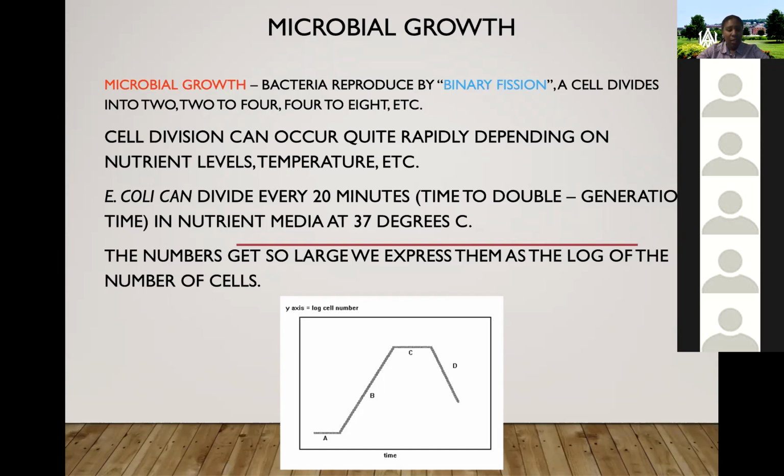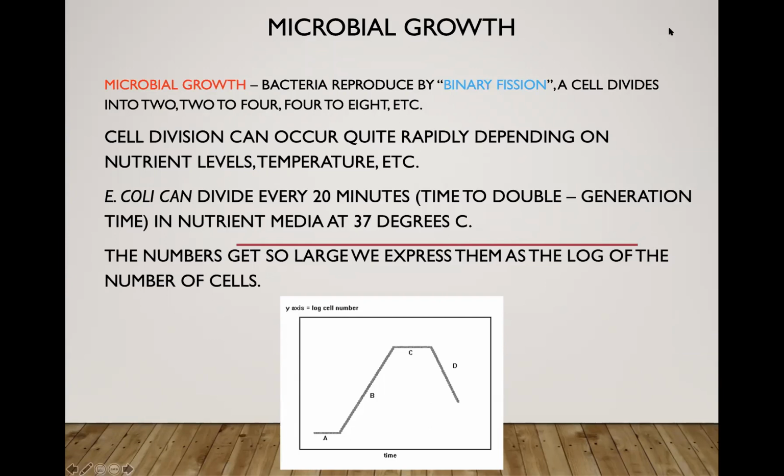As the Amoeba Sisters mentioned in the video, binary fission is a form of asexual reproduction. Write that down. Binary fission is a form of asexual reproduction where the parent cell continues to divide and make more copies of itself. So it's essentially like a cloning process.